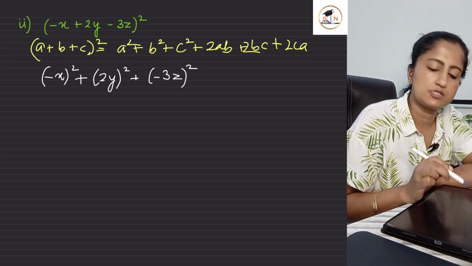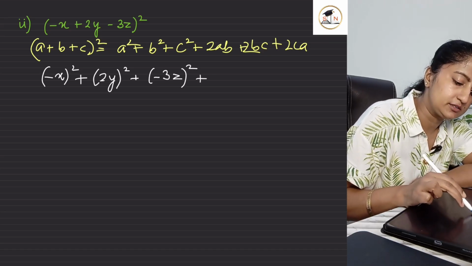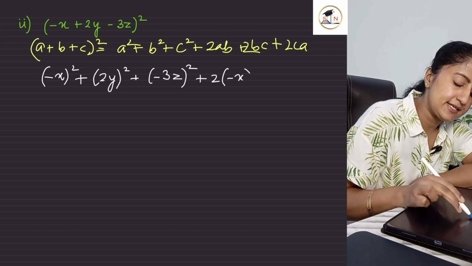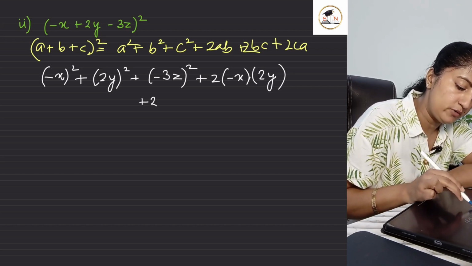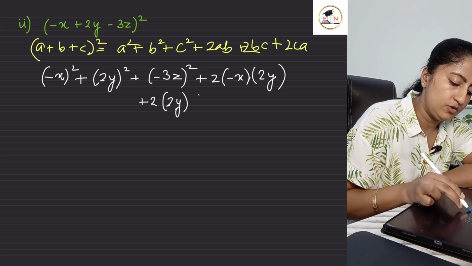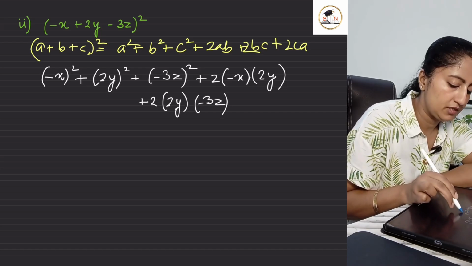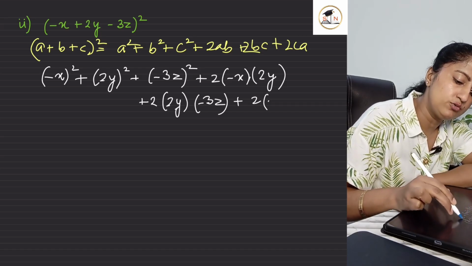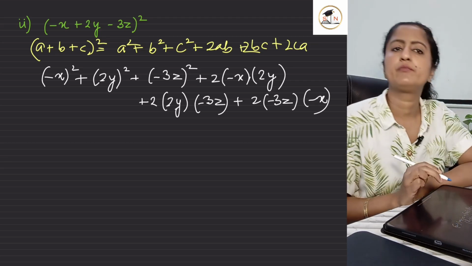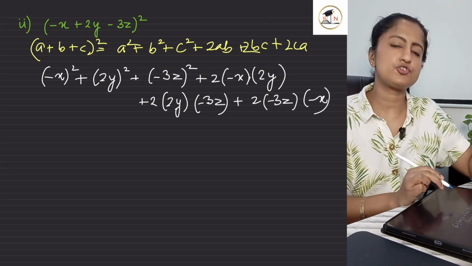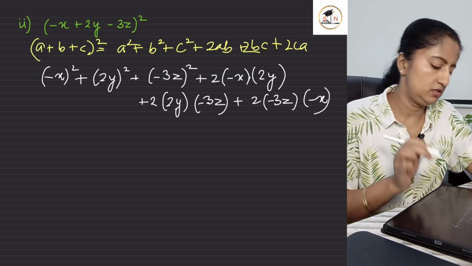So these were the squares. Now moving on with the products. 2 into minus x into 2y, right? Then 2 into 2y into minus 3z plus 2 into minus 3z into minus x. I hope the substitution of negative terms is clear, right?